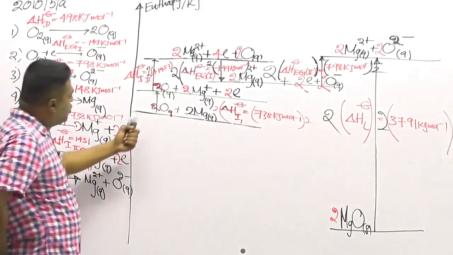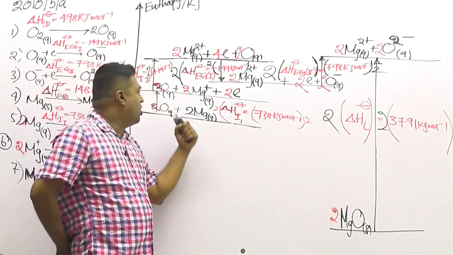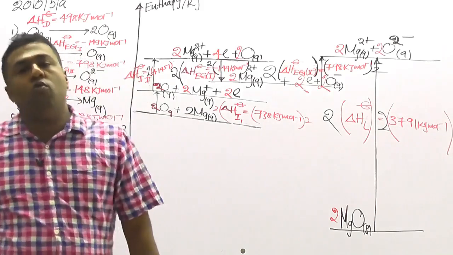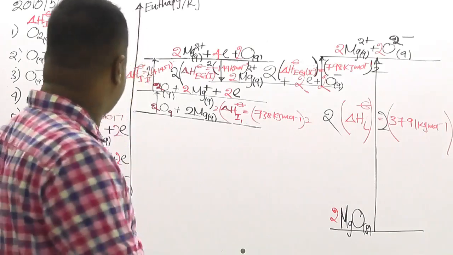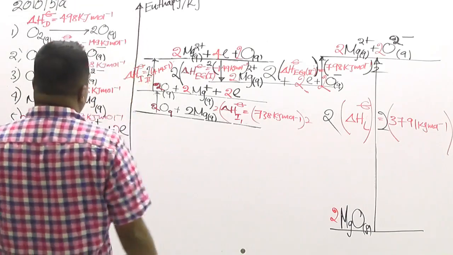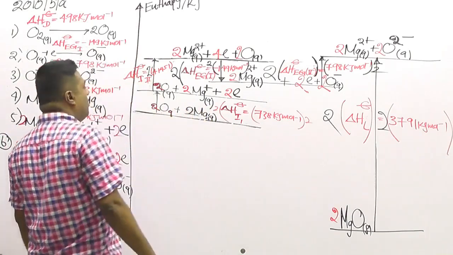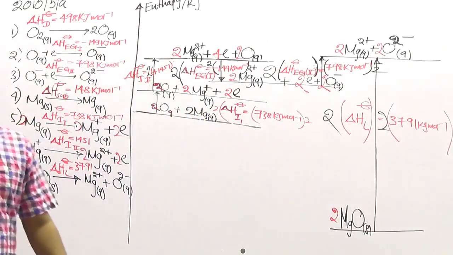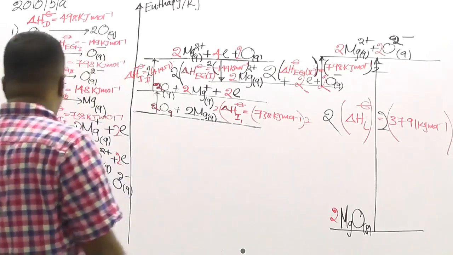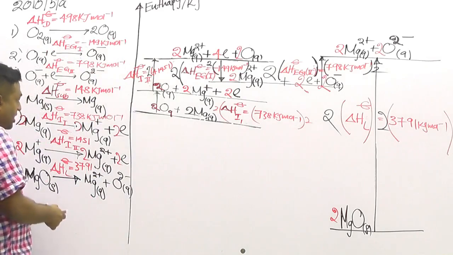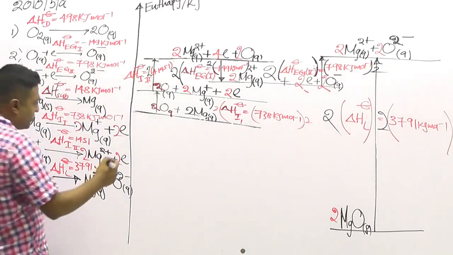Then you have two O gases and two Mg gases. It doesn't matter; you can choose Mg gas or O gas.